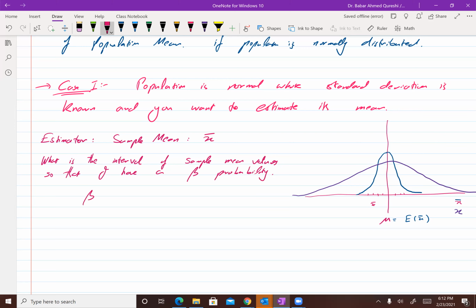That means beta times 100% chance that the sample mean will be from this interval. Well, it will be some interval, you can compute it.